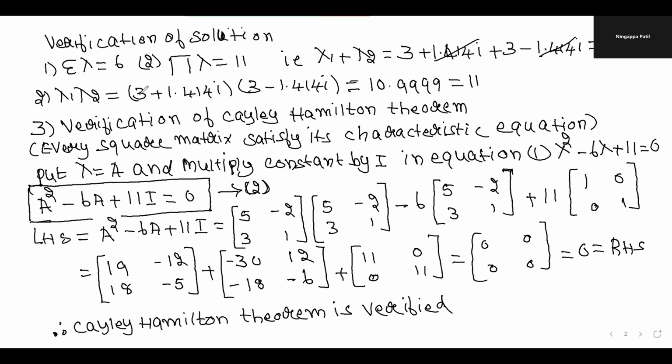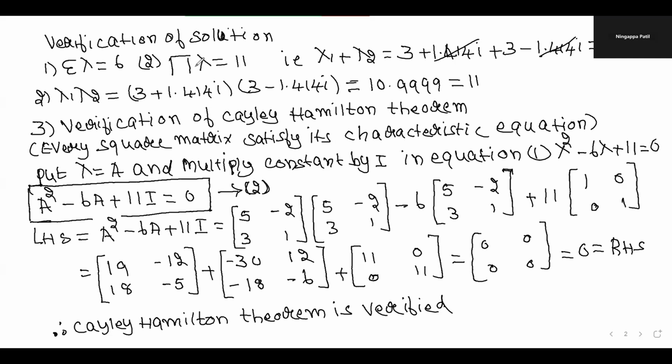Now, next, the verification of the solution, whether those roots are correct or not. This is for your satisfaction; in the examination it is not necessary. You remember, summation of lambda equal to 6, that is, 6 is the coefficient of lambda. Look here. The summation of lambda equal to 6.